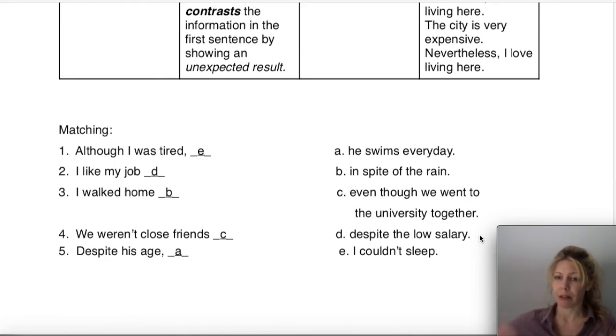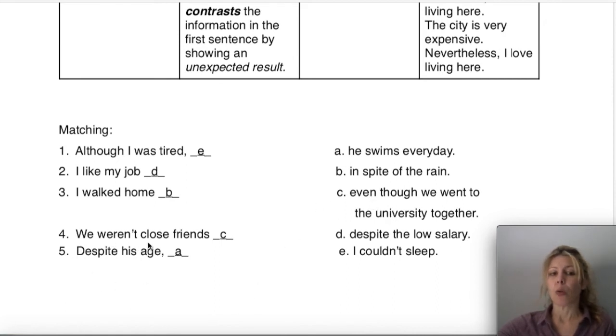Okay, so we've got some kind of contrasting ideas here. Number 3, I walked home, B, in spite of the rain. Or in spite of the rain, comma, I walked home. So the rain didn't stop me from walking home. I didn't call a taxi or an Uber, I walked home. The rain didn't affect me.